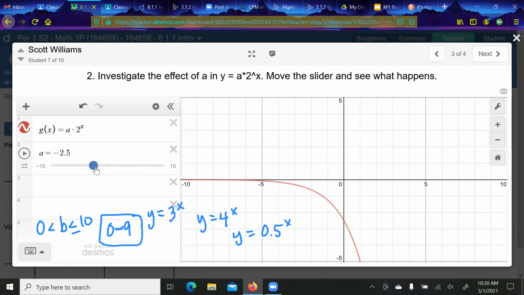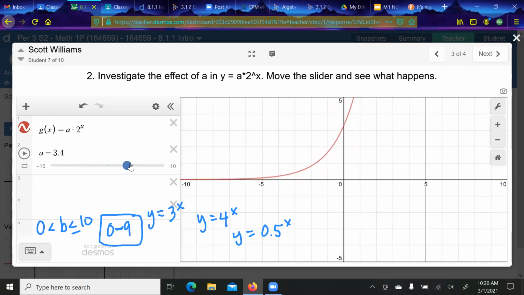Okay, what made the graph go down when A is negative? That's right. When A is negative, the graph goes down. It flips it over basically. And then when A is positive and you make A bigger and bigger and bigger, what happens?